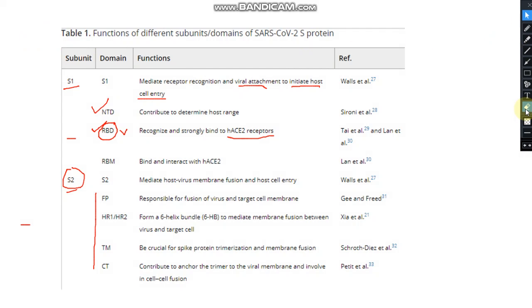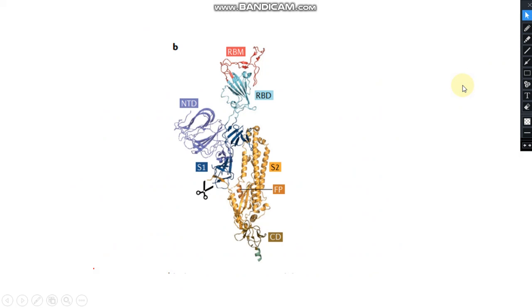So let's talk about the crystal structure of these proteins. As you see in the figure, this is the receptor binding domain, and this is the N-terminal domain.